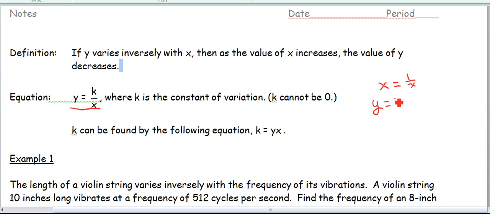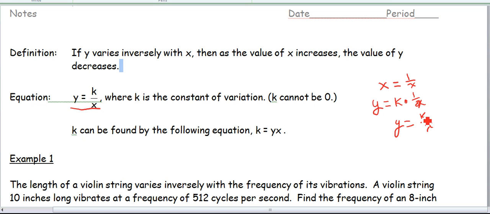We have y equals k times the inverse of x, so it would be k times 1 over x. Well, if we simplify that, it just becomes y equals k divided by x.